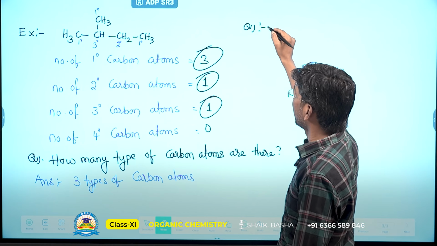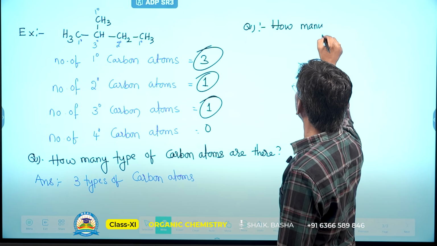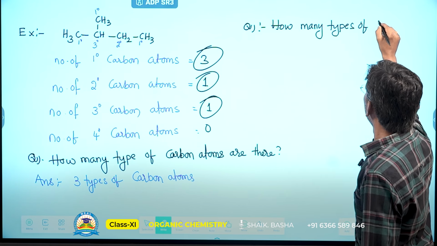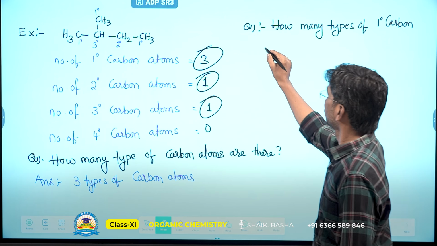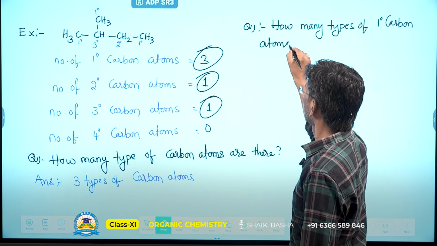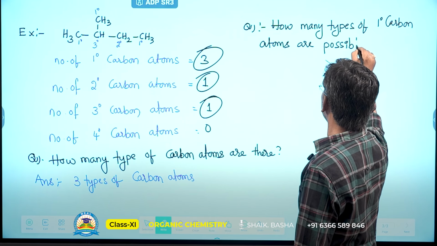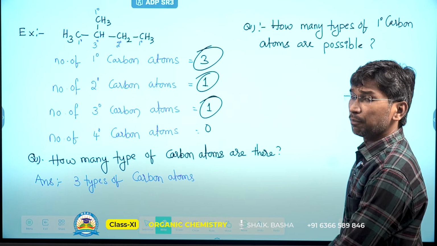So, here is the question I am framing: how many types of primary carbon atoms are present? How many types of primary carbon atoms are possible?